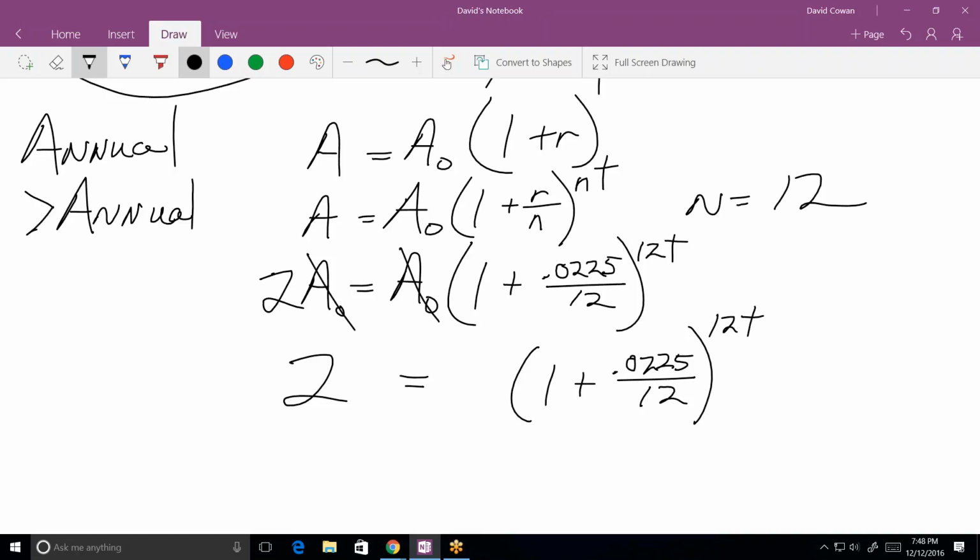What's the next step in solving an exponential equation? How'd you solve a log equation? You put it into exponential. How do you solve an exponential equation? Put it into logs. Let's take the natural log of both sides.